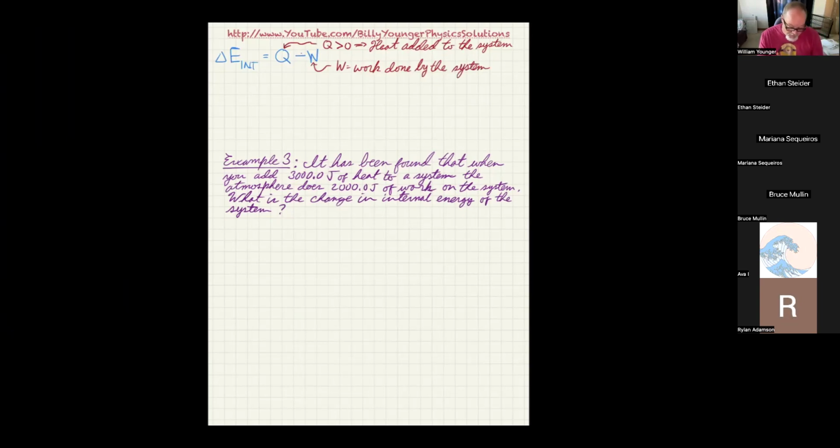So if W is greater than 0, that means the system has done work.